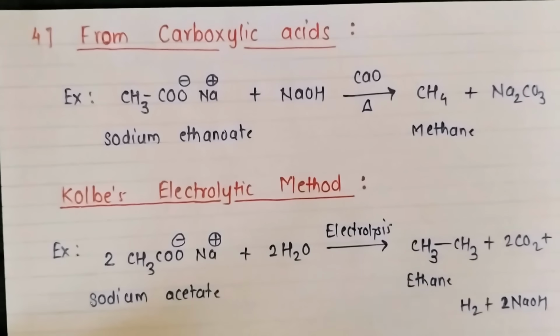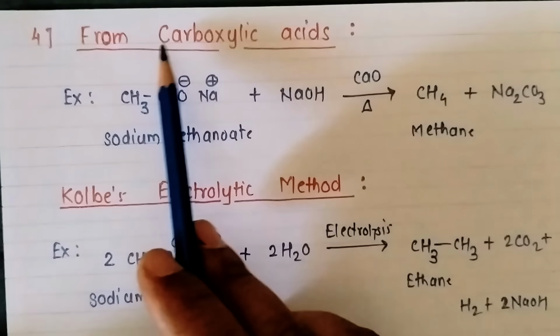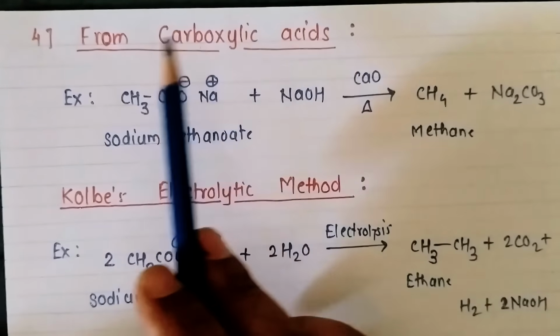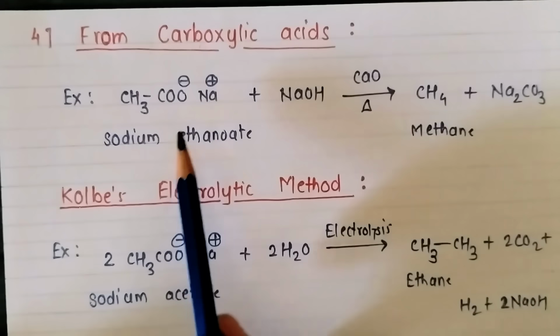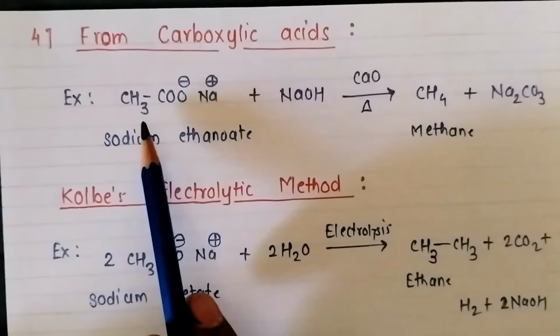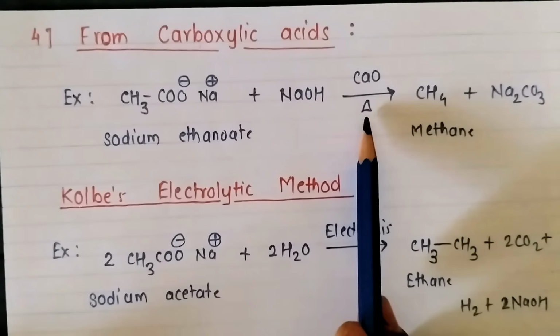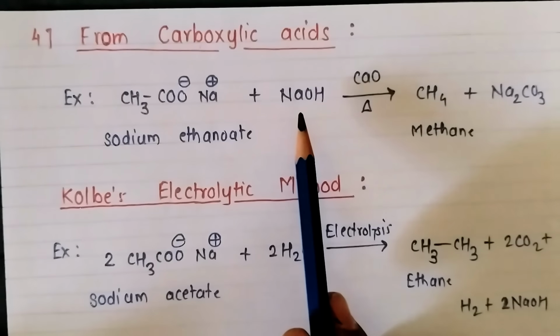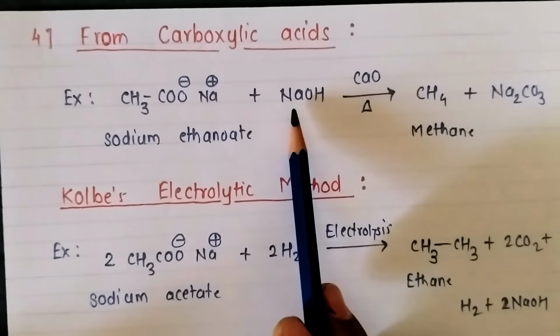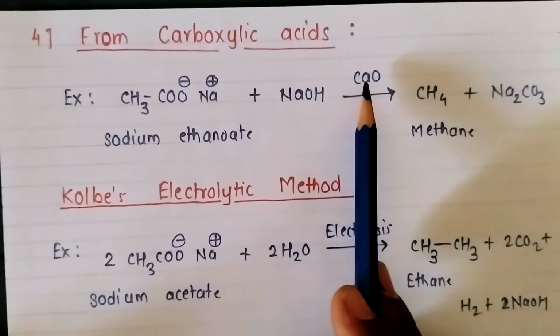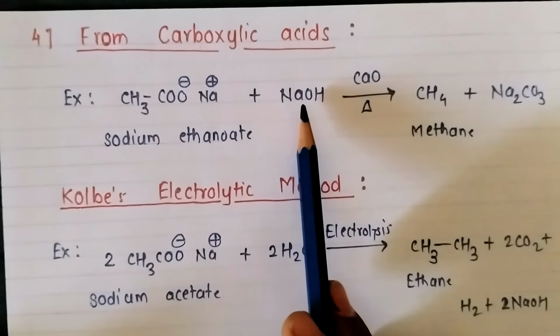Now we see another method for the preparation of alkanes, that is from carboxylic acid. Here the sodium salt of a carboxylic acid undergoes heating with soda lime. What is soda lime? A mixture of sodium hydroxide and calcium oxide.